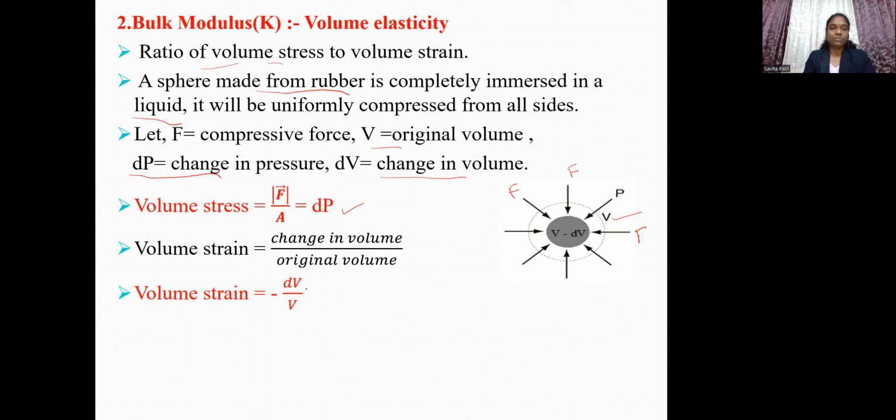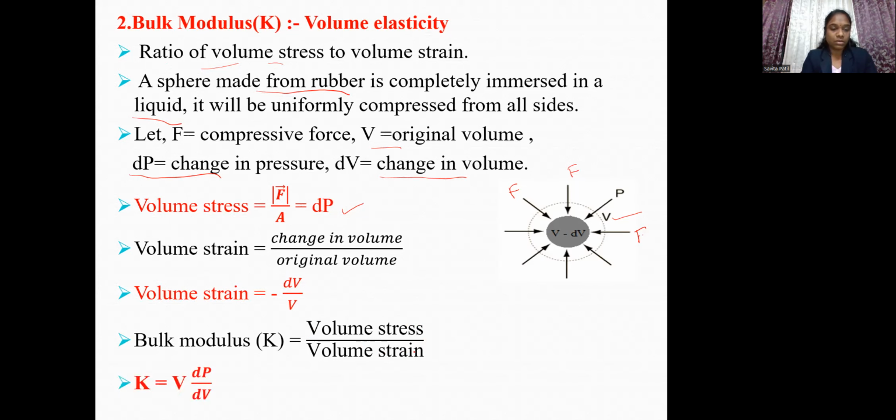Let us write the equation for bulk modulus, as it is the ratio of volume stress to volume strain. So in this equation, substituting the equation of volume stress and that of volume strain, we get the equation for bulk modulus K. It is equal to minus V into dP divided by dV.